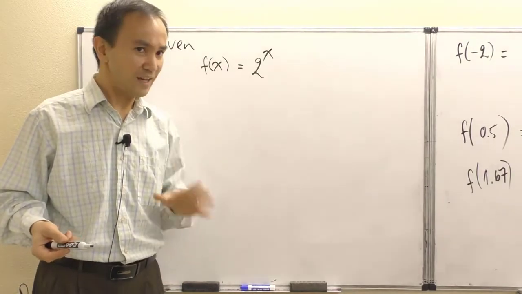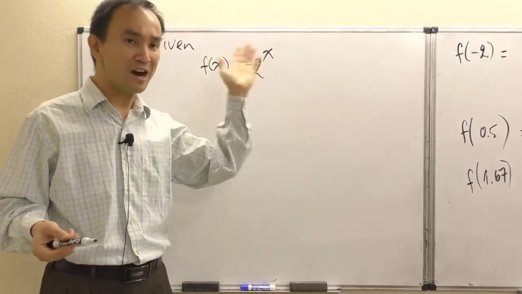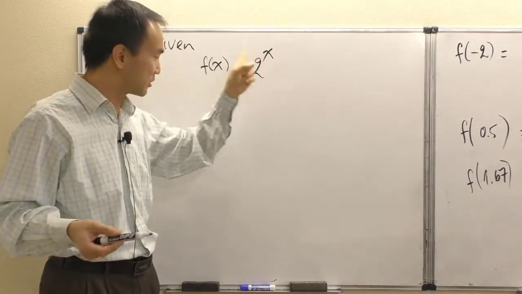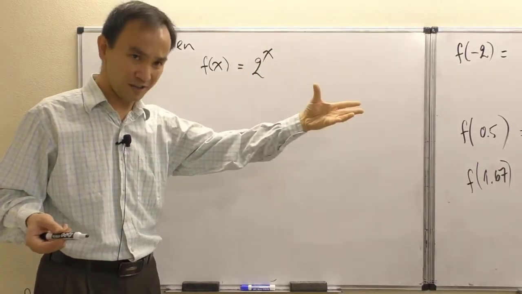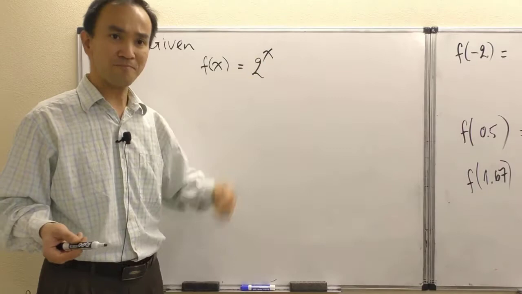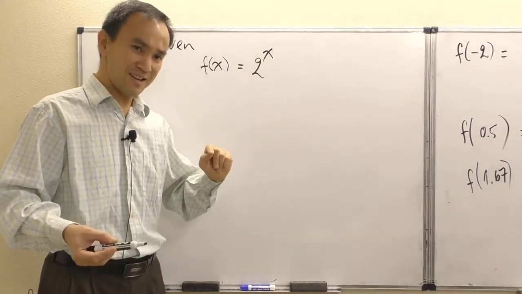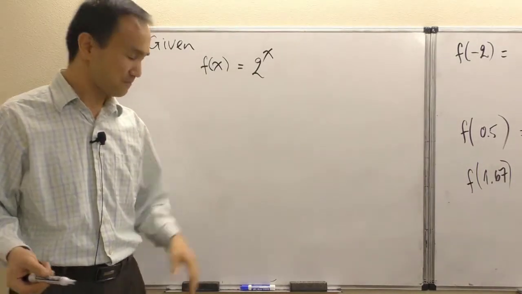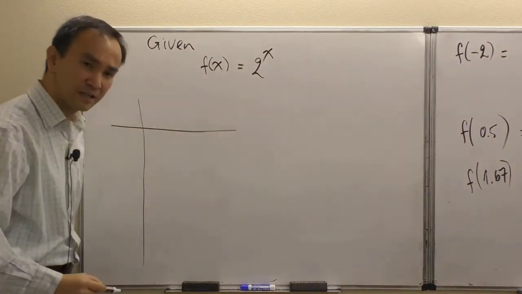In the end, I still did not mention any name of what kind of function this is. The way we read it out, it's 2 to the x, and we have already operated with that fluently because we know the rule so well. We already know that a function is a rule, and so this is our rule. Then we tried a few input values, and so now I'm going to organize all of those input values in a table.